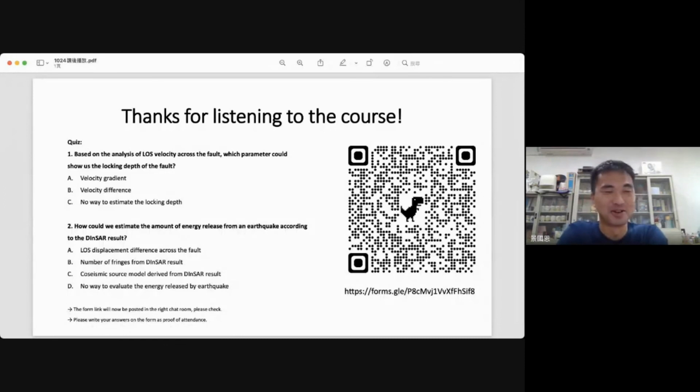Yes, very, very good question. Actually, we do detect this kind of information. So yeah, you are right. That's the reason GPS, GNSS, or some traditional techniques are very important, because for GNSS or for leveling, we usually measure the position of the benchmark.